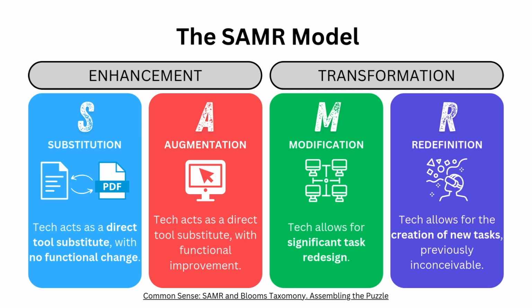These levels go beyond enhancement, using technology to create new learning experiences that were previously unimaginable. The SAMR model encourages us to reflect on where our technology use falls within these categories and to consider opportunities moving from enhancement to true transformation whenever possible.